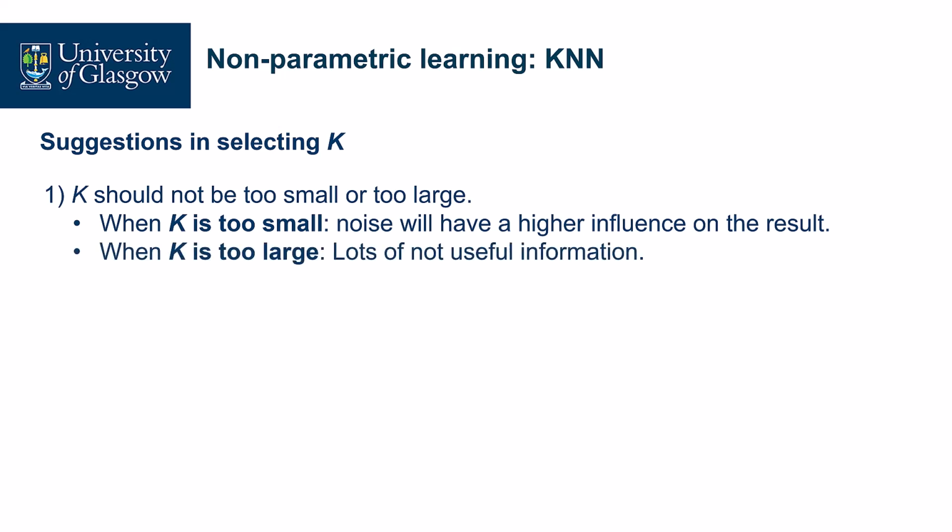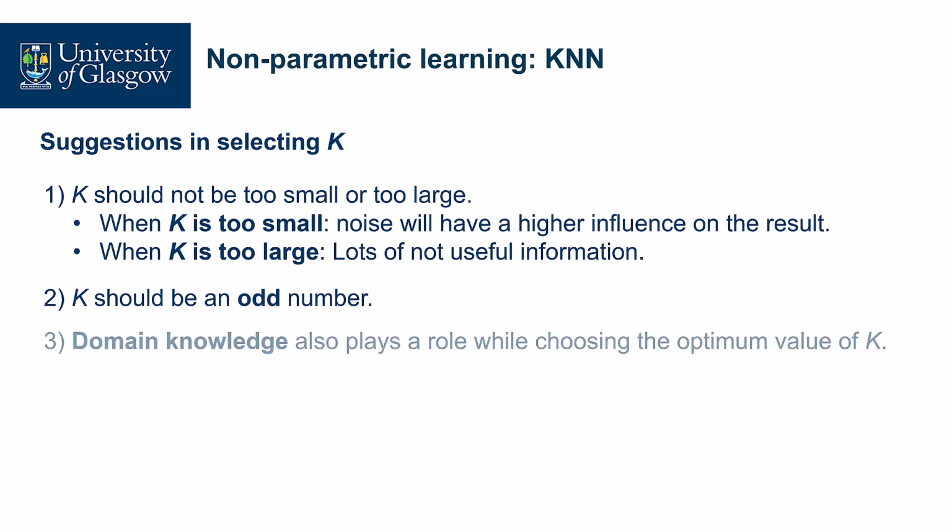Also, k should not be too large, because when k is too large, we include not useful information as neighbors, but they are not its neighbors. Also, k should be an odd number, because if we use an even number, maybe the number of votes of category A and category B are the same. Then how to make the decision? And also, domain knowledge sometimes plays a role in choosing the optimal value of k.